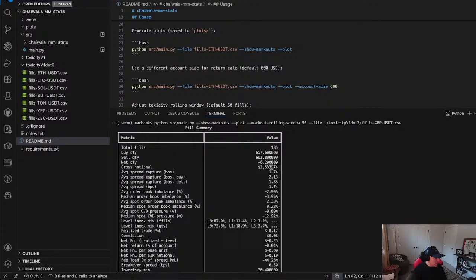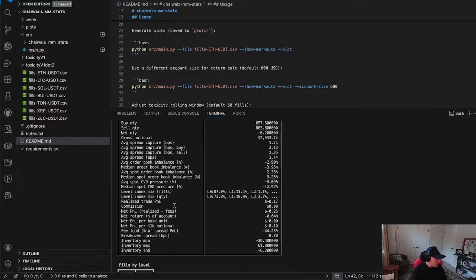Basically, how many fills, the order volume, what the average spread capture was. That was positive, almost 2 basis points. That was good. My realized P&L, 17 cents on a $600 account. Commissions paid 8 cents, so overall net P&L negative 25 cents.